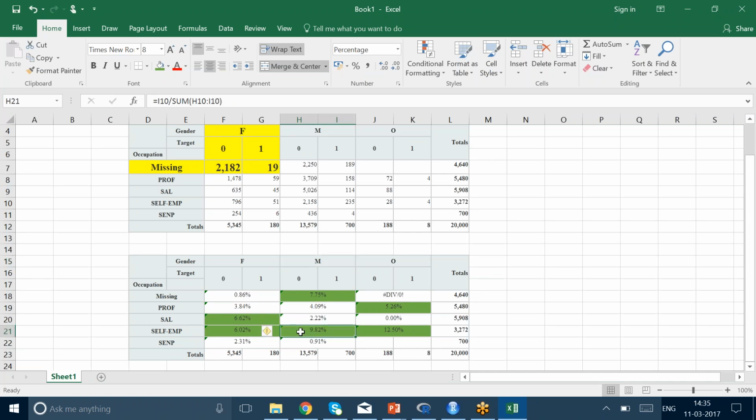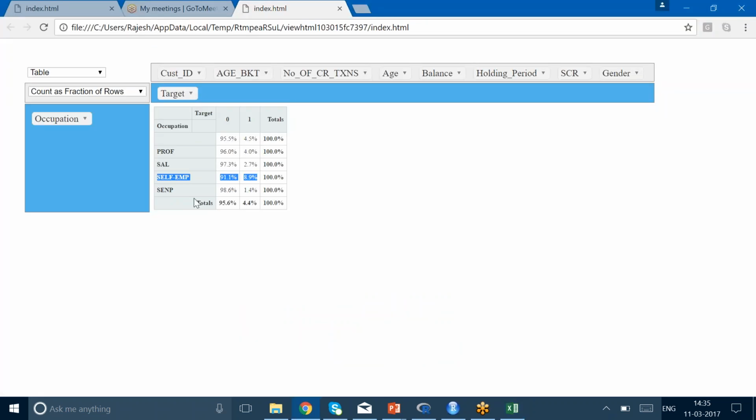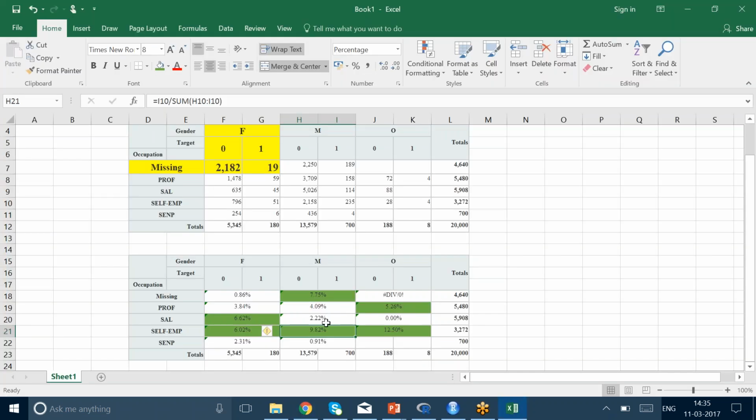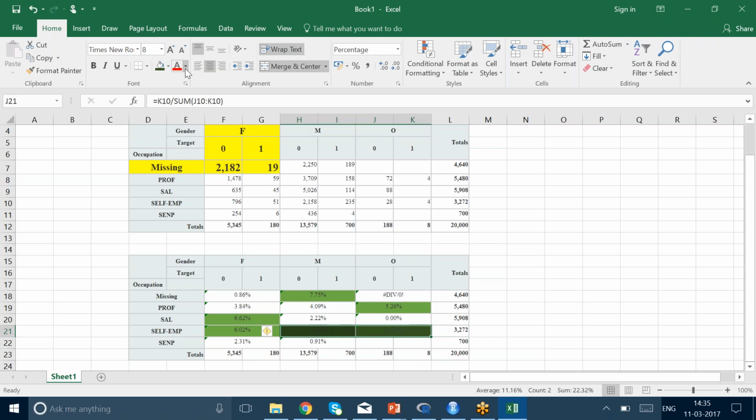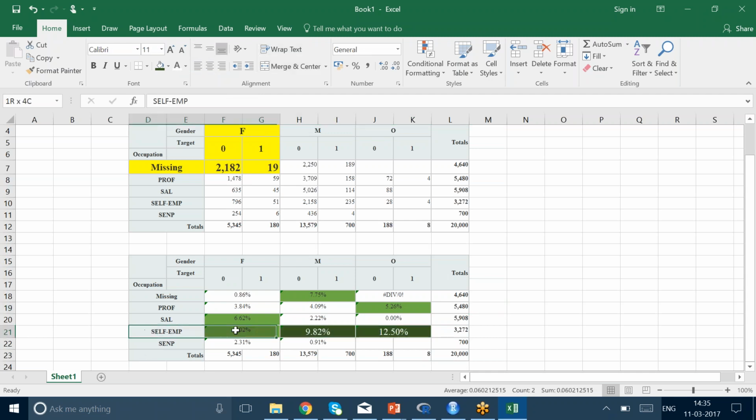Here 8.9% is there, but here 9.8 and 12.5. Can you see this 9 point? Let me change the color and make it darker. This is again for self-employed only.